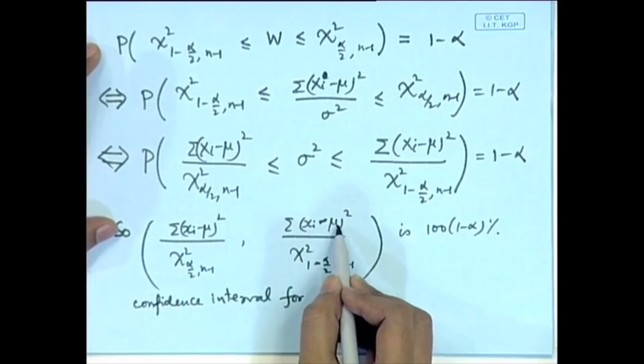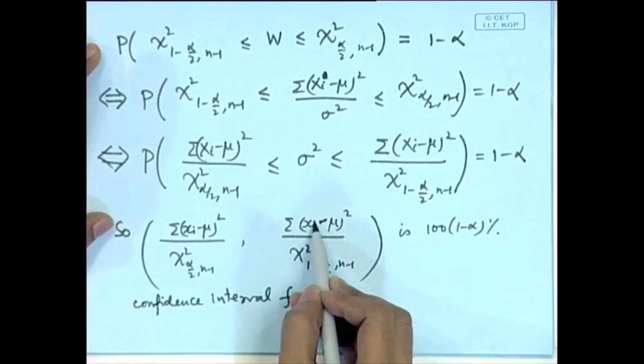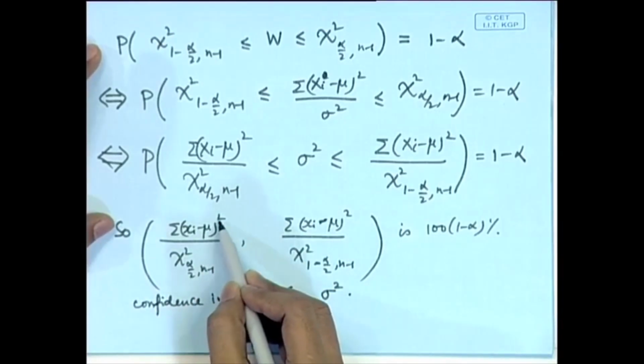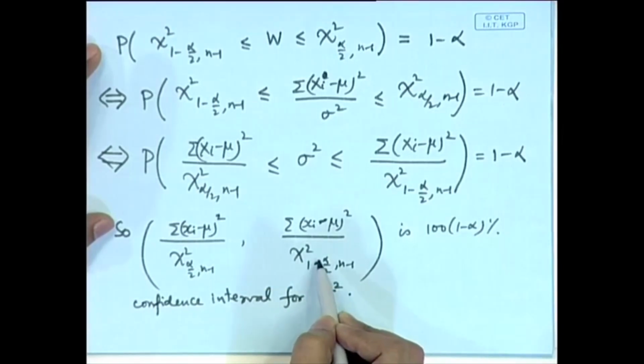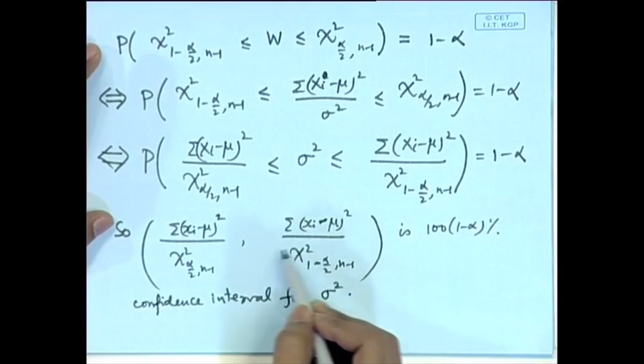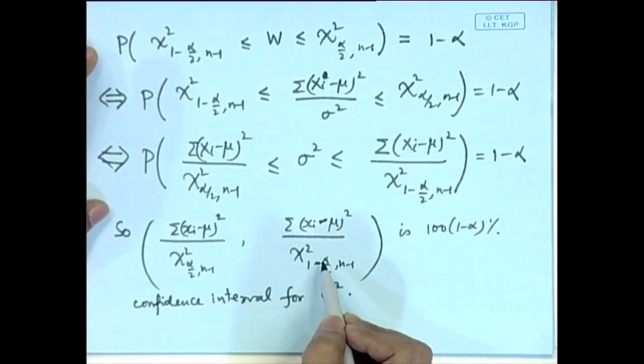This is when mu is known. If the sample is observed, then we can evaluate the sum of (x_i minus mu) square, the chi square values can be seen from the tables of the chi square distribution, and the values can be substituted here.